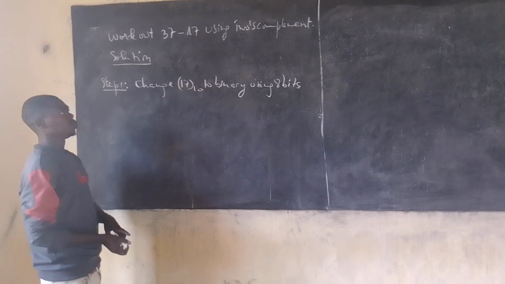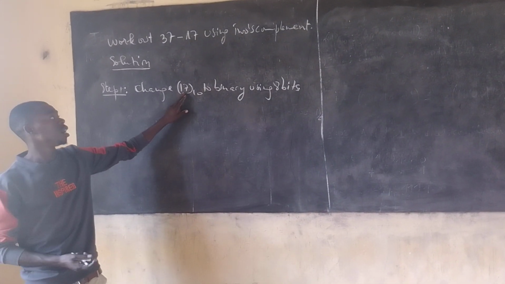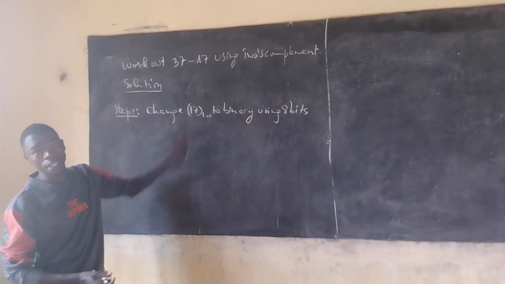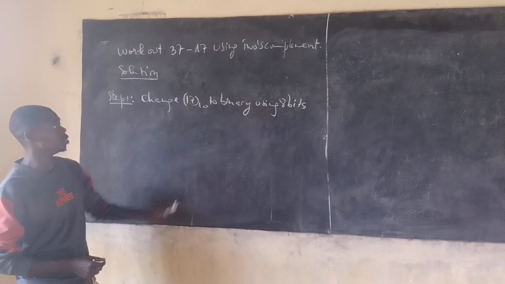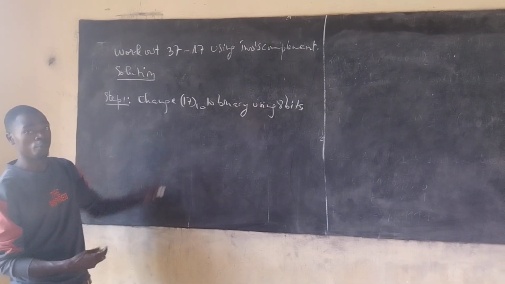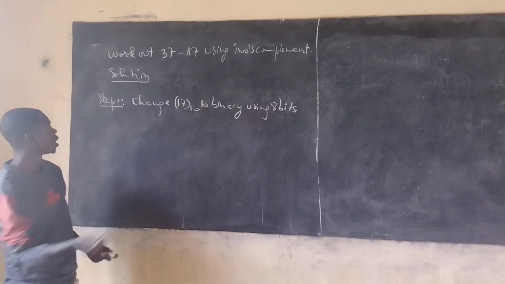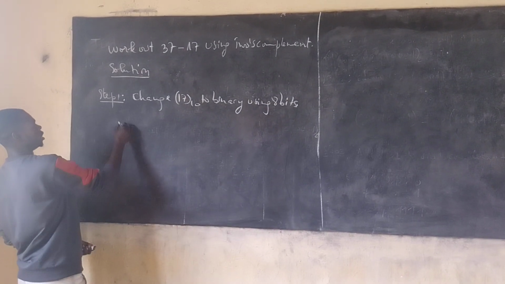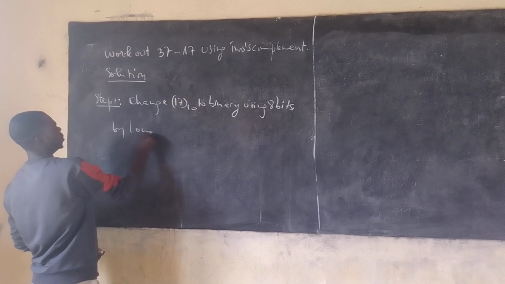To change this base 10 into binary, you can use two methods: the long division method or the place value method. For us, let us use the long division method.